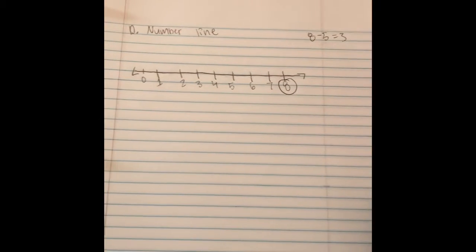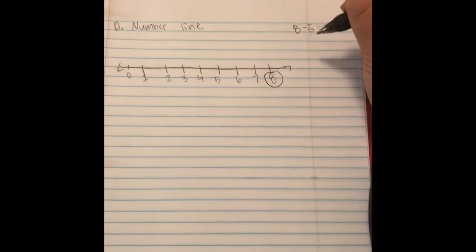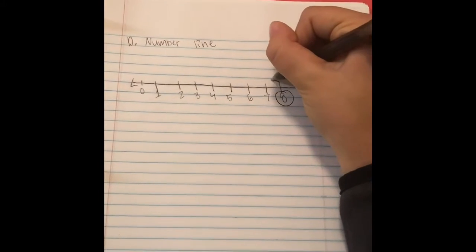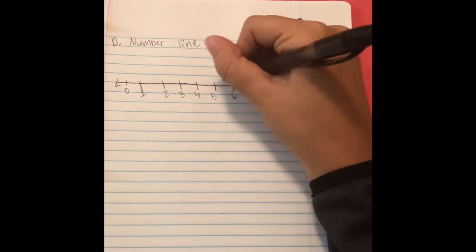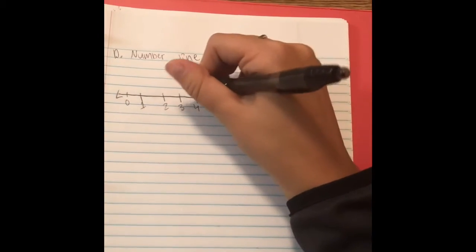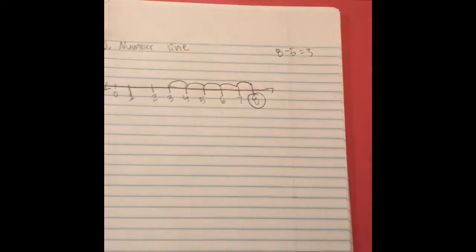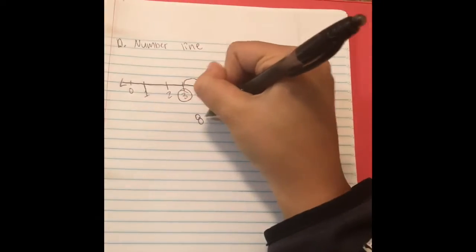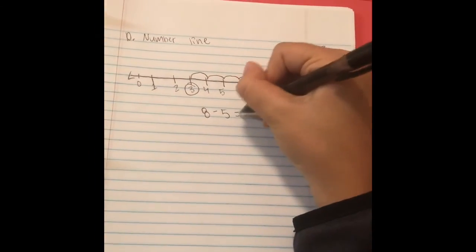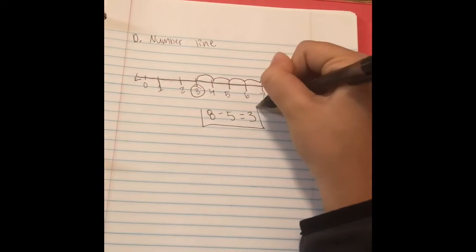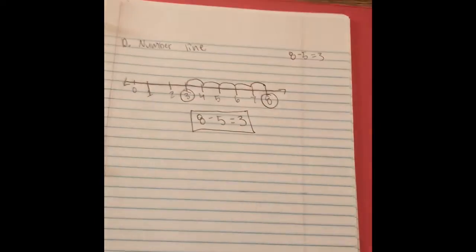And what we are going to do is jump 5 places to the left, since we're subtracting. So 1, 2, 3, 4, 5. And the number that we land on is 3. So therefore, 8 minus 5 would equal 3. And that is just another way of showing that through our number line.